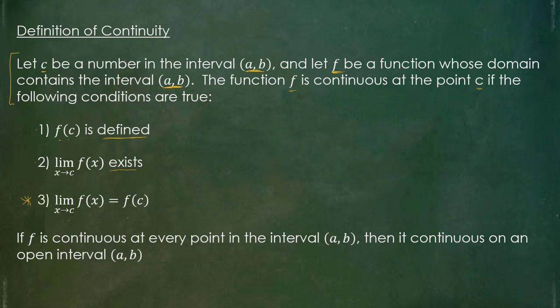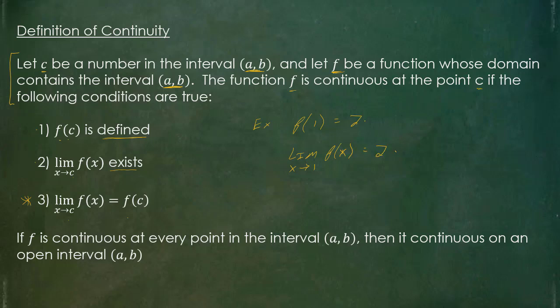So for example, if f of c came back as, I don't know, let's just make up some number, let's say f of 1 was equal to 2, and then in step 2 I figured out the limit as x approaches 1 of f of x actually equals 2 as well.